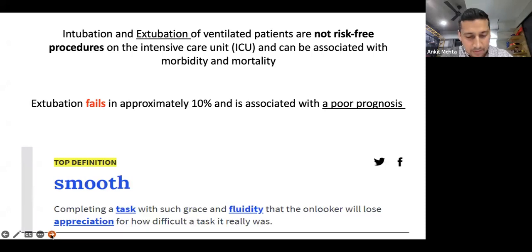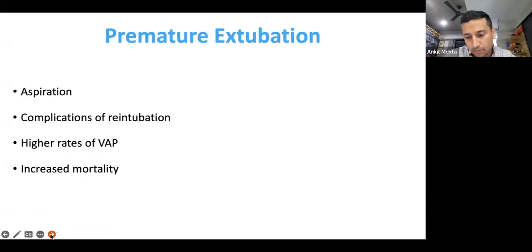But let me clarify: if you don't know the process of how to wean a child from or liberate a child from mechanical ventilation, it might not be a good overall decision, and can really give a bad outcome.